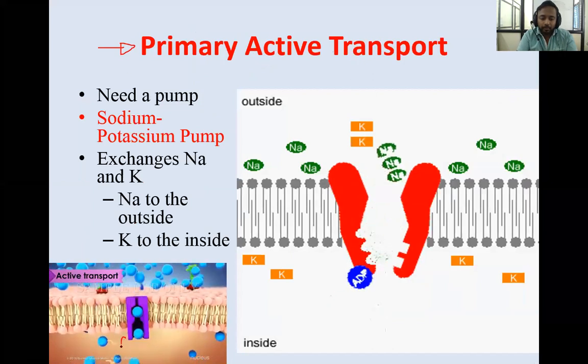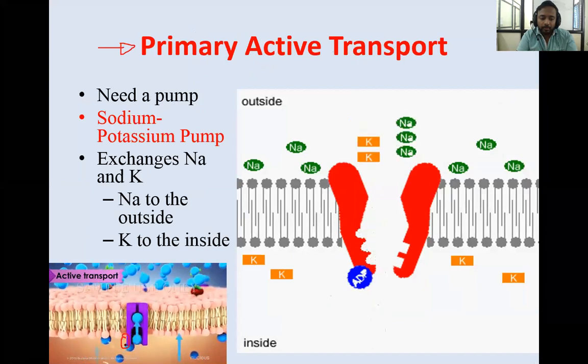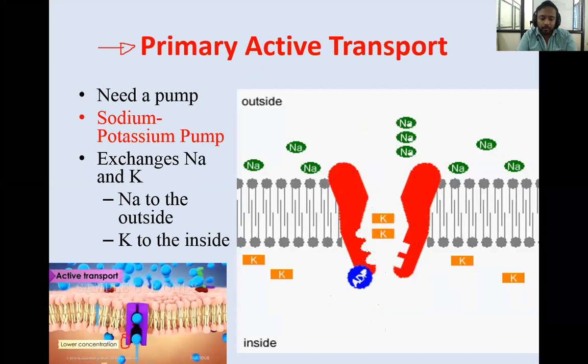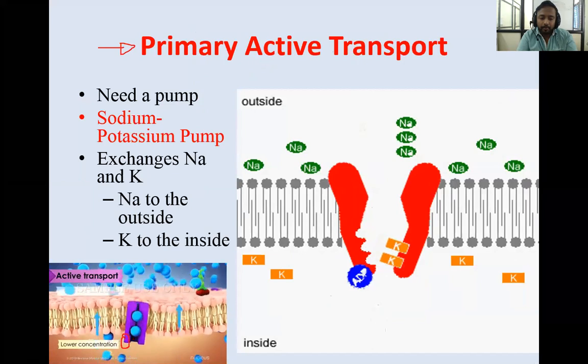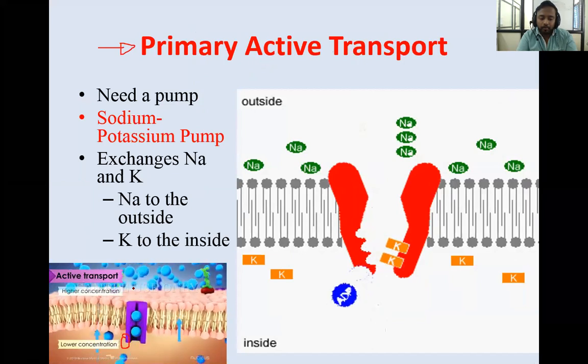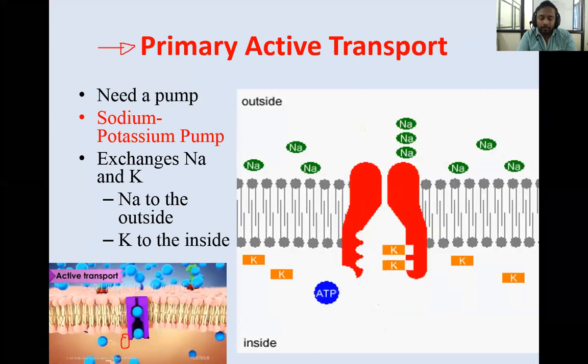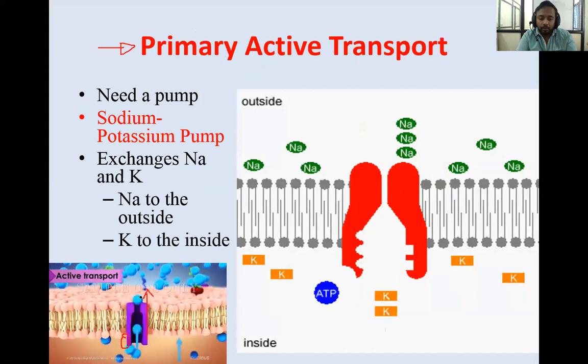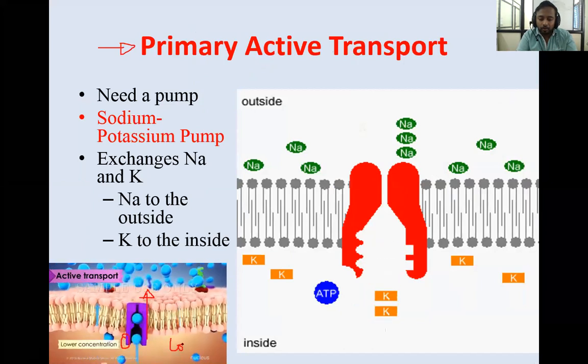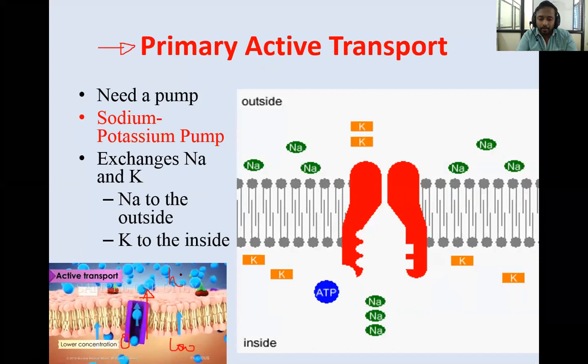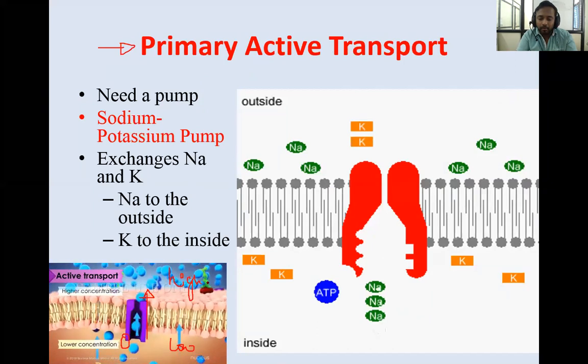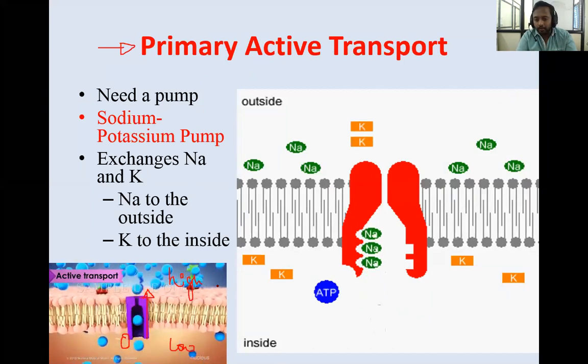Like in this GIF you can see, when the energy currency ATP attaches to the membrane, the molecules are pushed, and most commonly the movement of the molecule is from the low concentration to the high concentration region.